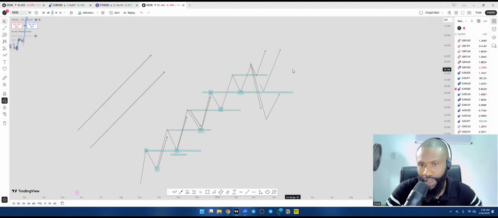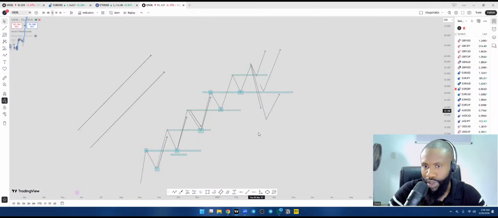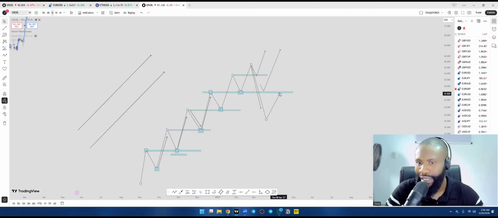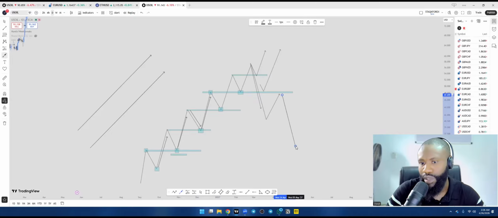Are you getting me? So as long as price has failed to continue to the upside and it broke the recent lows, what we are expecting is price to pull back into that recent low to create a lower high.